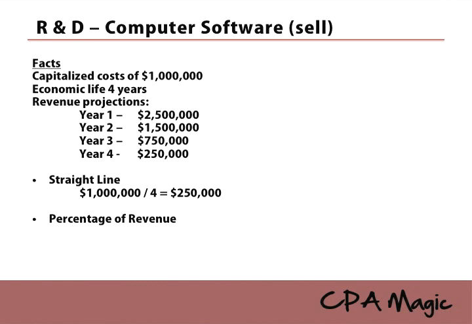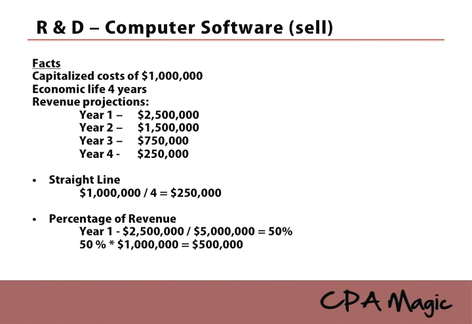So my projected revenue here is 2.5 million out of 5 million total, which is 50% of the total expected revenue I'm going to incur in year one. So I'm going to multiply that 50% by the $1 million capitalized costs to get the amortization for year one, 500,000.